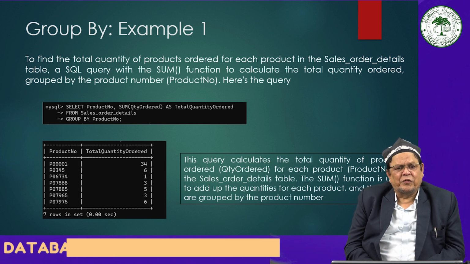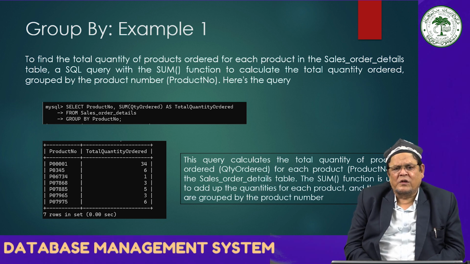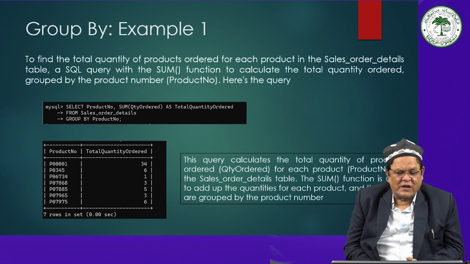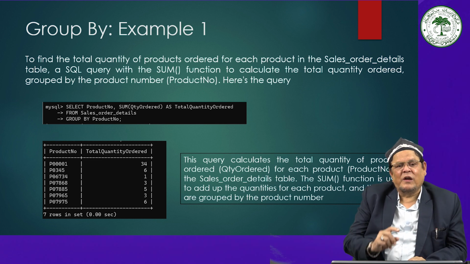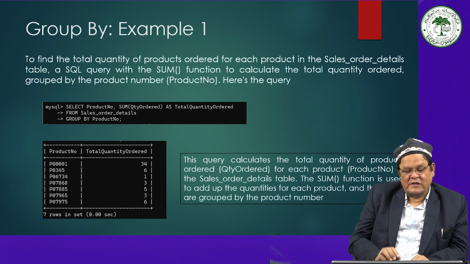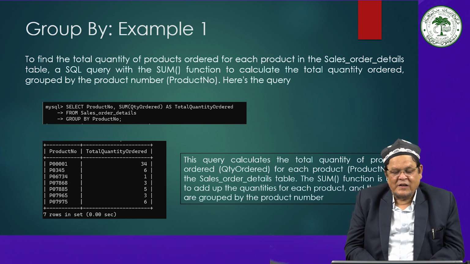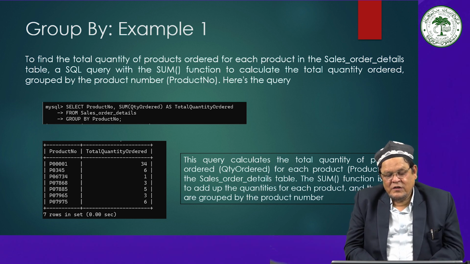The question is to find the total quantity of product ordered for each product in the sales order details table. Write a SQL query with a sum function to calculate the total quantity ordered, grouped by the product number. Here is how you write the query: select product number, then sum within parenthesis quantity order as total quantity ordered.